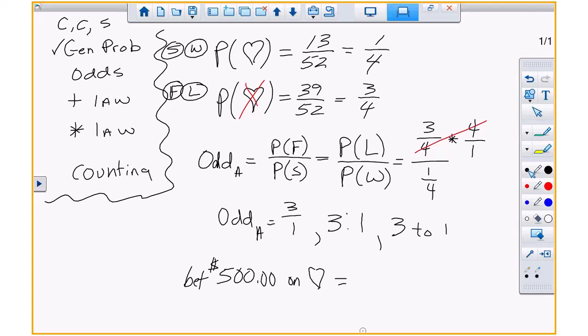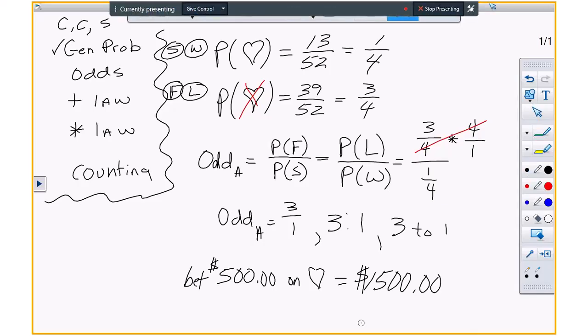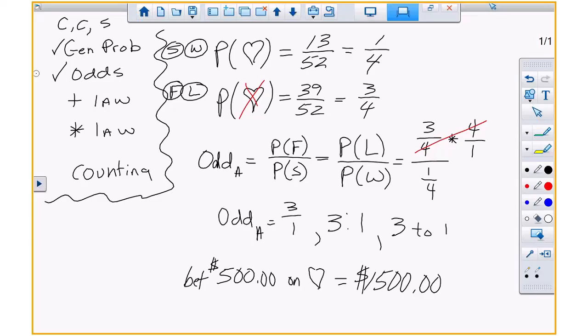You win $1,500. That's in the video of the roulette wheel. Okay, so now I just covered odds. Let me draw a line right here. So that's probability, and this is odds.